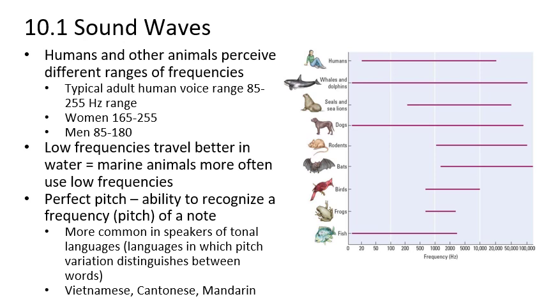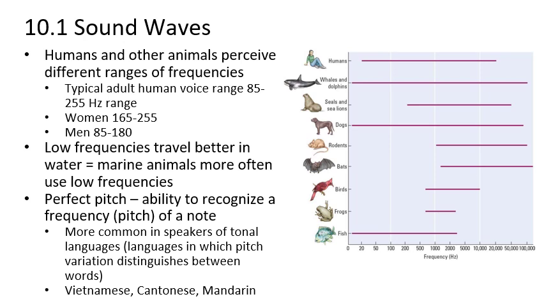There's a concept called perfect pitch, which is the ability to recognize the frequency or the pitch of a note just out of the blue, with no tuning note or anything like that played beforehand. Somebody with perfect pitch could hear the sound of an alarm system and say that's an A, for example.